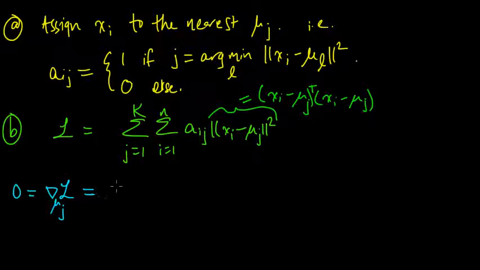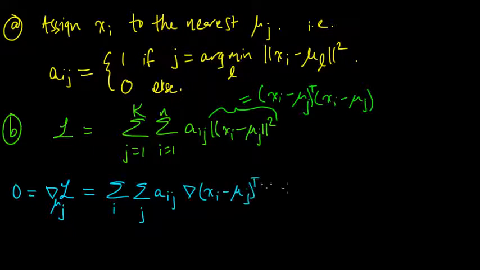So let's take the gradient. Sum over i, sum over j, a_ij, and I'm moving the gradient inside, the gradient of this thing, x_i minus mu_j. Actually, I should have made this j prime: x_i minus mu_j prime.